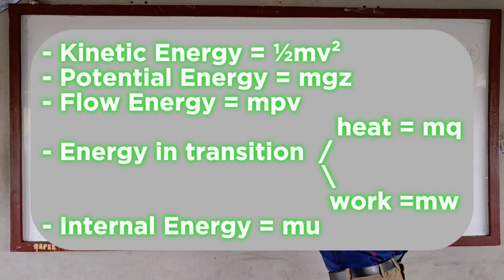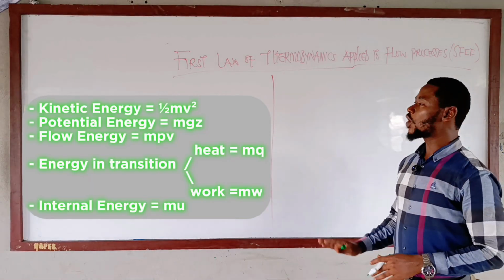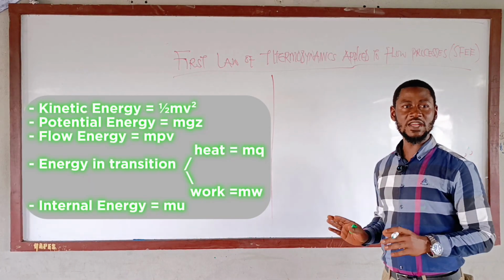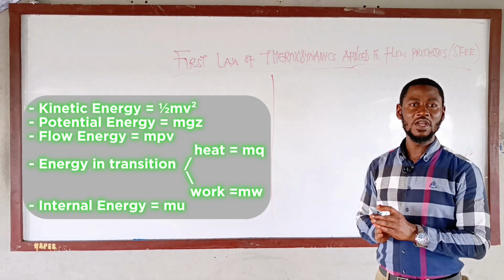Then the internal energy is m multiplied by u. Now, what we are going to do to form the steady flow energy equation is to add up all the energy.